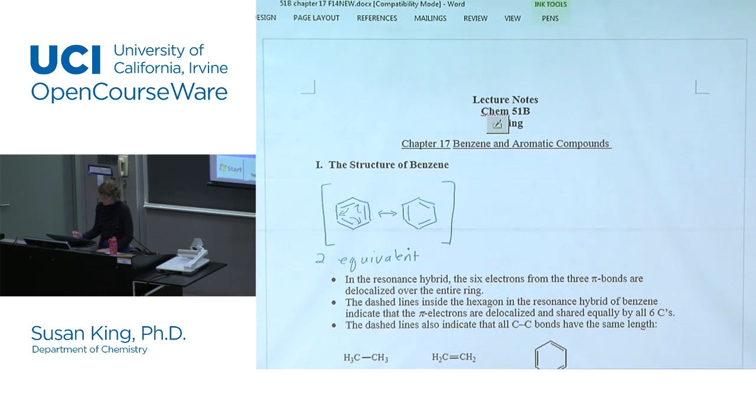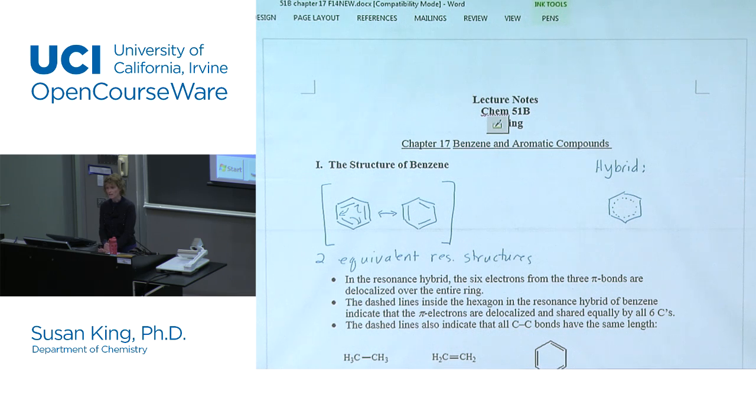They're the same energy. So if we're going to draw a hybrid, it would look like this. Dotted dots in a circle. That's what the hybrid would look like.